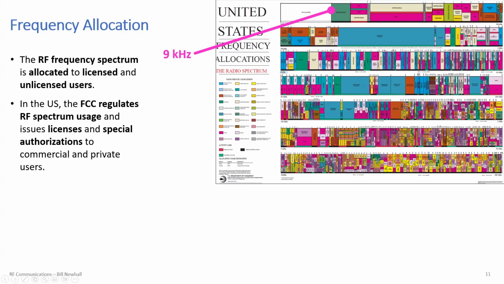So here's 300 kilohertz to 3 megahertz, 3 megahertz to 30 megahertz, and so on. 30 megahertz to 300. So this plot goes all the way up to 300 gigahertz. That's pretty high frequency. And you can see there's nothing unallocated in here. The spectrum is allocated, so you have to fit into one of these categories in order to have authorization to transmit, either licensed or unlicensed.